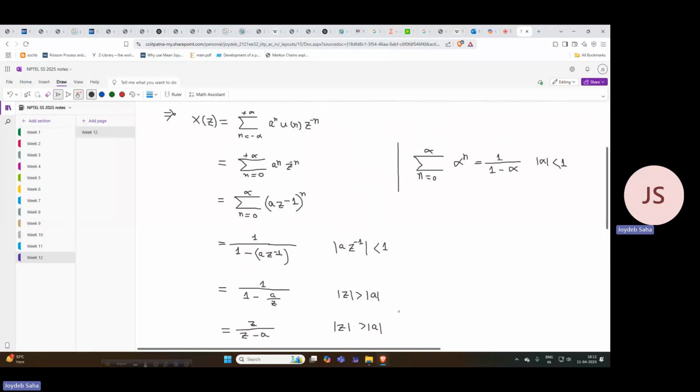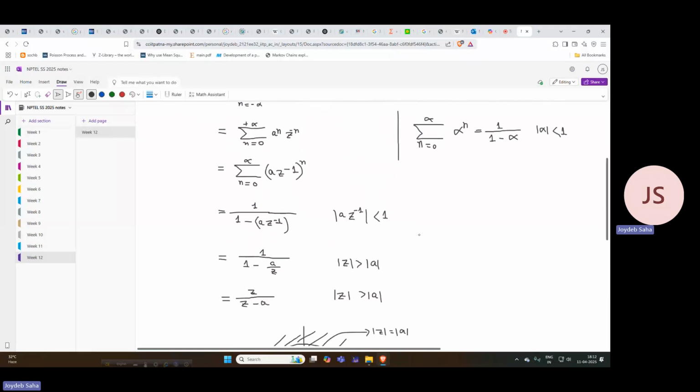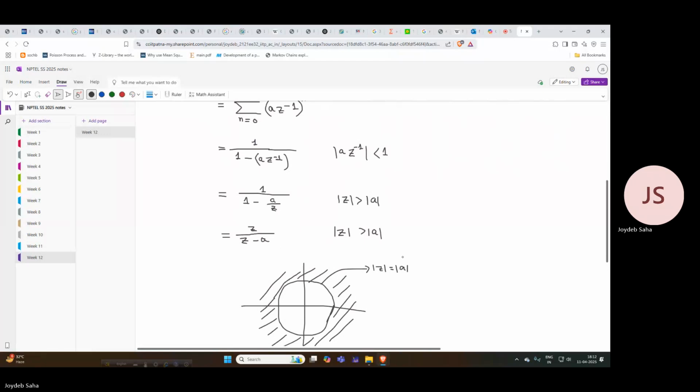If there is any query, you can ask. So the ROC is clear. This is the region of convergence.